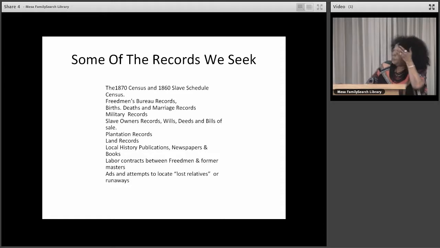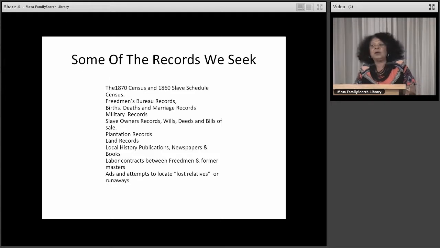We want to look at Freedmen's Bureau records. The Freedmen's Bureau was set up after the Civil War because basically what you had was 4 million homeless, uneducated, unemployed people. The Freedmen's Bureau set up schools, hospitals. They worked with orphans.